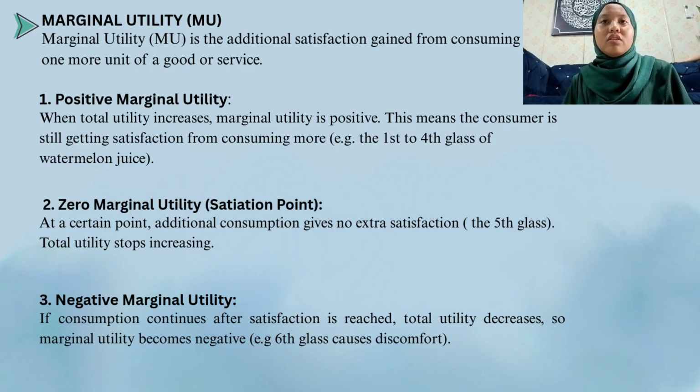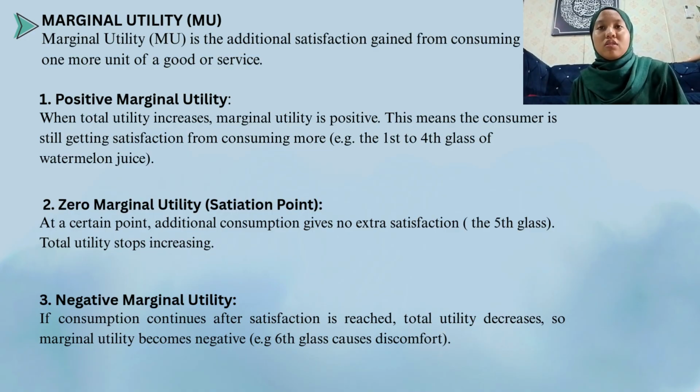Marginal utility is the additional satisfaction gained from consuming one more unit of a good or service. First, positive marginal utility: when total utility increases, marginal utility is positive. This means the consumer is still getting satisfaction from consuming more.